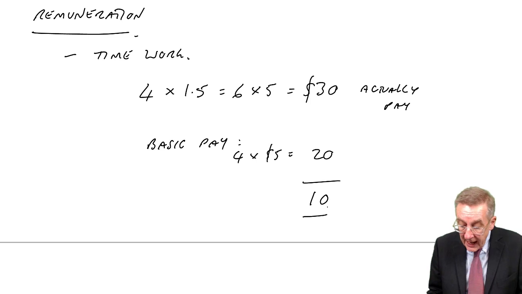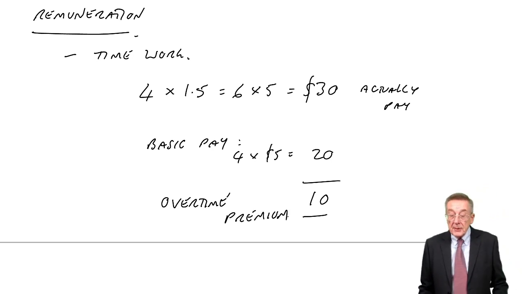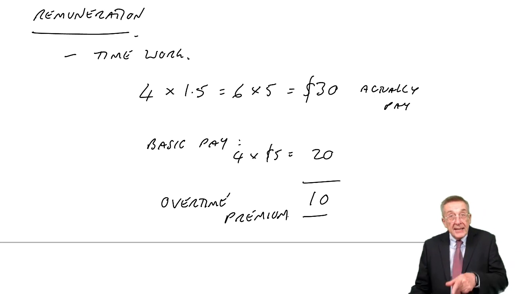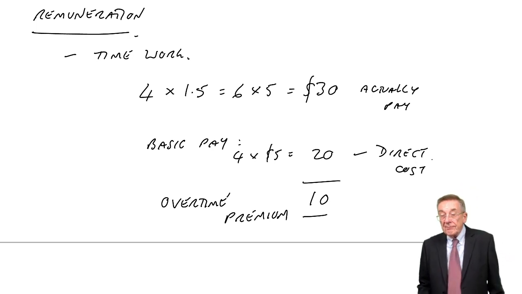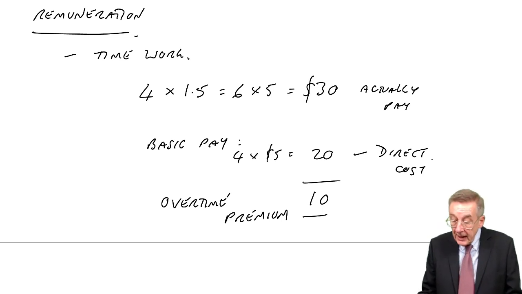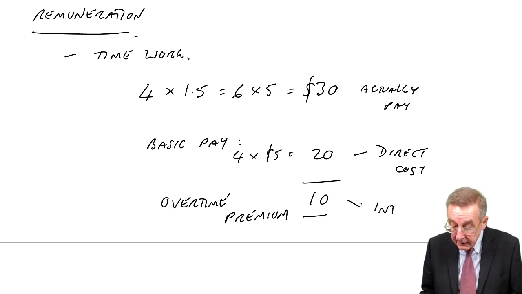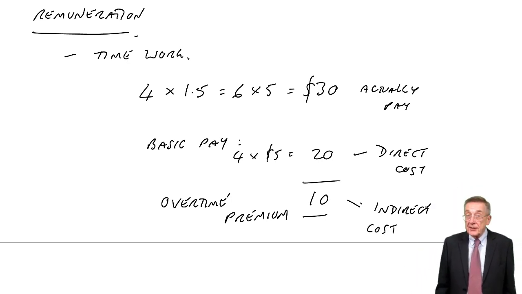Well, the extra 10 is the overtime premium. And think back to what I was saying earlier, their basic pay is a direct cost. The premium, the extra 10 they were paid, is treated as an indirect cost, unless it was at the specific request of a customer.